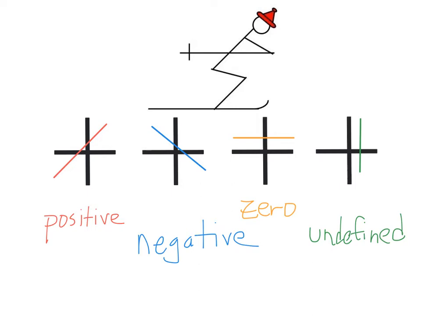Let's look at another way that we can remember the differences between a positive, negative, 0, and undefined slope. And since we're talking about slope, we're going to use a snow skier analogy. Let's begin by looking at our positive slope.